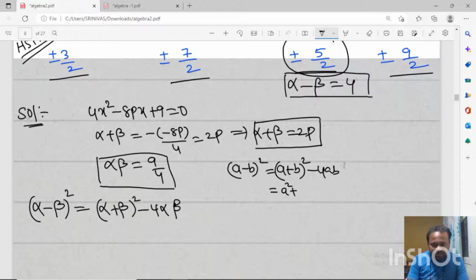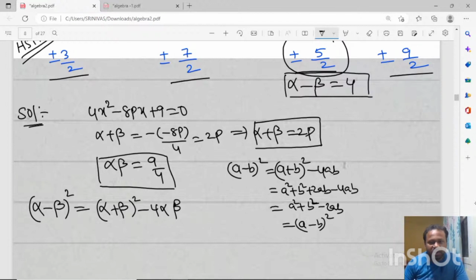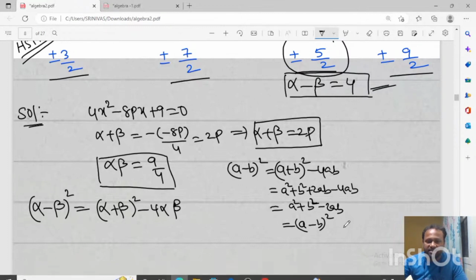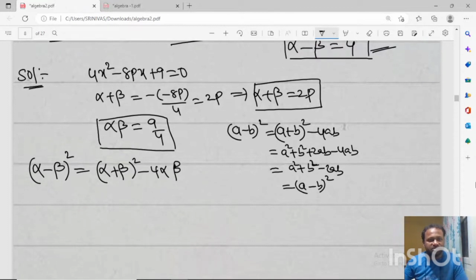So a square plus b square plus 2ab minus 4ab, so a square plus b square minus 2ab, that is equal to a minus b whole square. So this is the key because I need alpha minus beta. Right. Let us substitute.